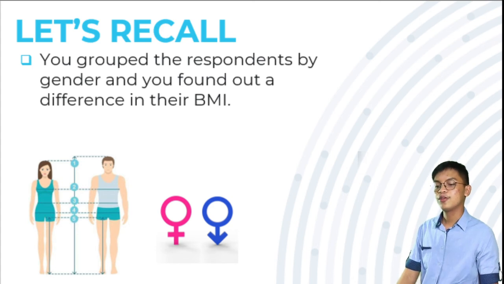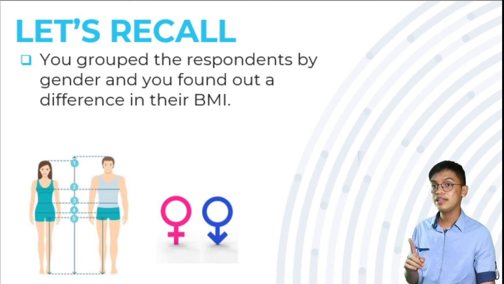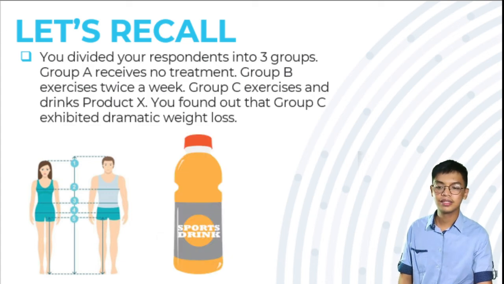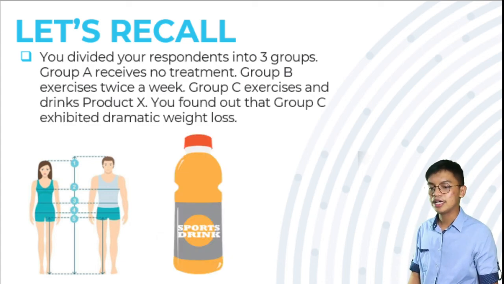So when you're trying to compare groups of individuals, you are conducting, yes, causal comparative research. And for the last scenario, you divided your respondents. The researcher tried to divide her respondents into 3 groups, yung mga overweight.